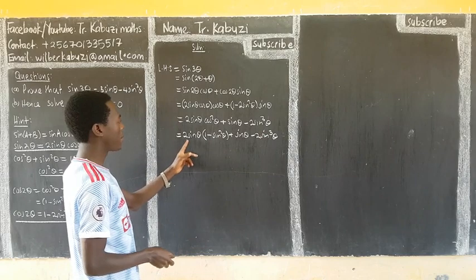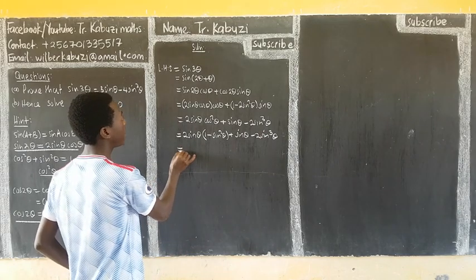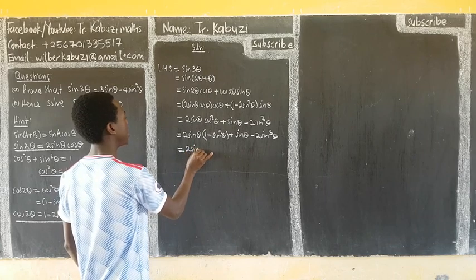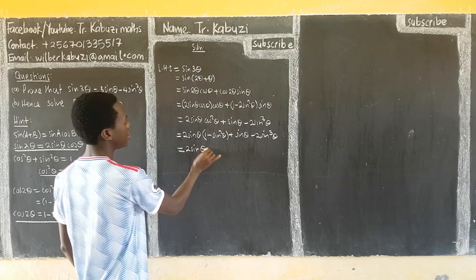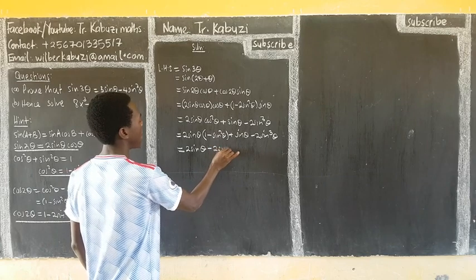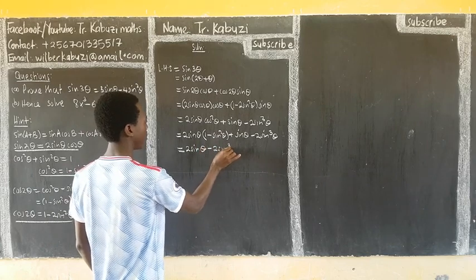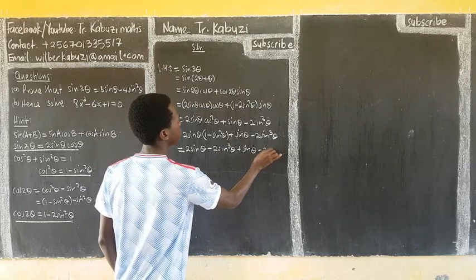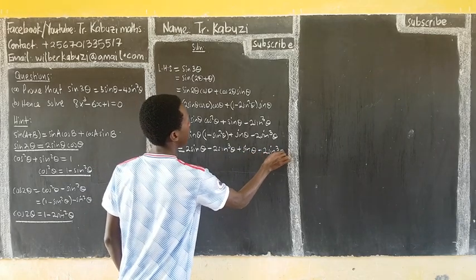So now we multiply through this. We are going to be adding this times this, we get 2 sine theta. Then this side, we get minus 2 sine cubed theta, then plus sine theta minus 2 sine cubed theta.